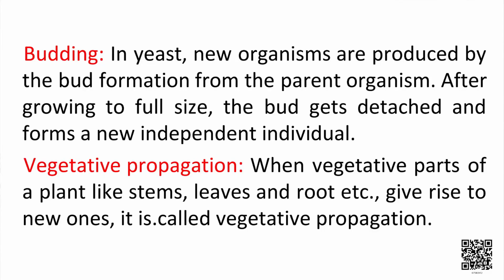In yeast, new organisms are produced by bud formation from the parent organism. After growing to full size, the bud gets detached and forms a new independent individual. And then F. Vegetative propagation. When vegetative parts of a plant like stems, leaves and roots give rise to new ones, it is called vegetative propagation.